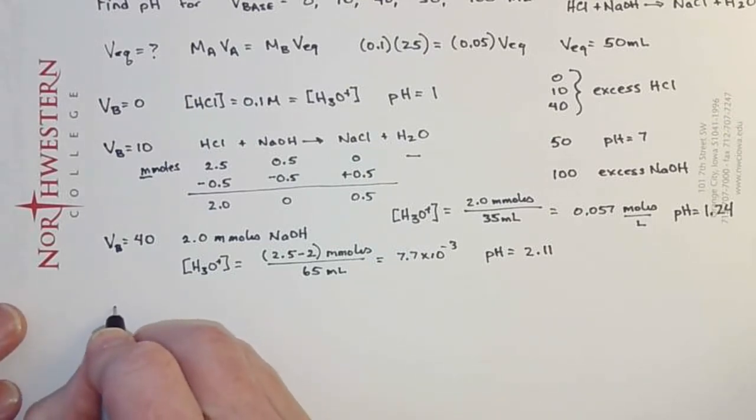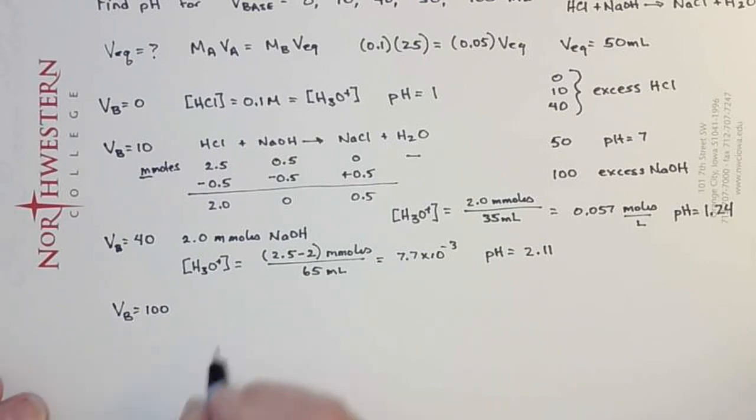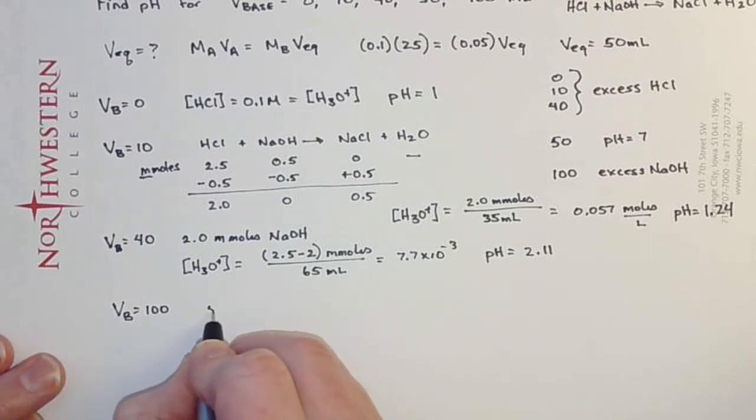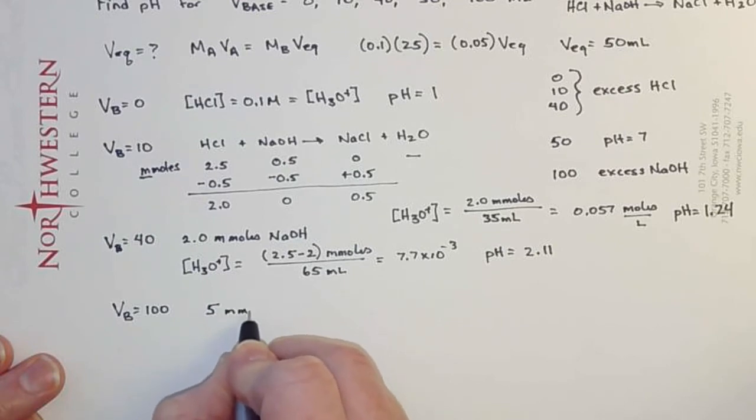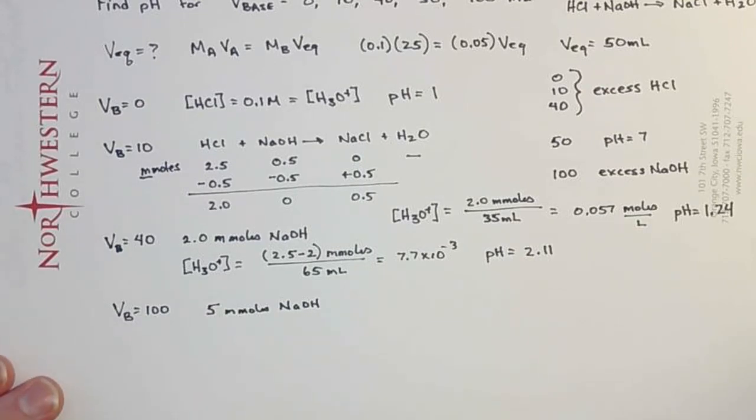The last little bit, for a volume of base equal to 100. For a volume of base equal to 100, we are now adding 5 millimoles of NaOH. So for this, we're going to have excess OH, or excess NaOH. That excess NaOH is going to be the 5 millimoles that we added minus 2.5, which will react with the HCl.